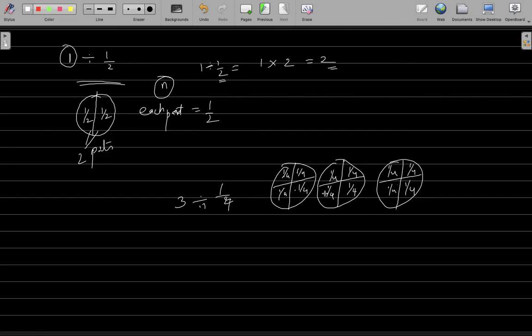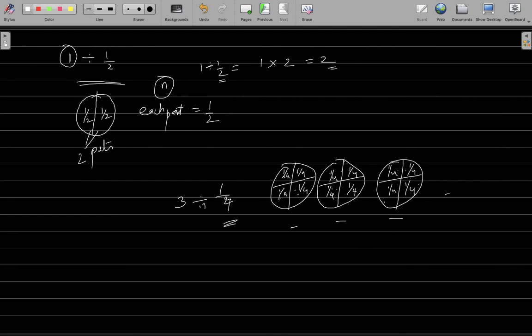So the number of 1 by 4 parts obtained when these 3 wholes are divided into 1 by 4 equal parts. How many parts have you got? 1, 2, 3, 4, 5, 6, 7, 8, 9, 10, 11, 12.